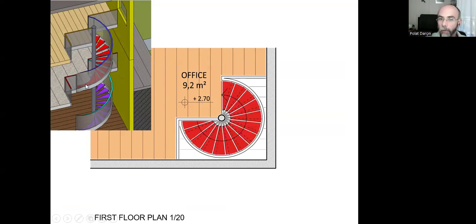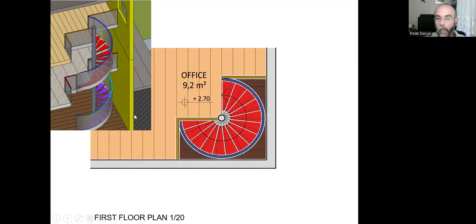The whole upper surface of the red steps, the dark blue handrail next to these red steps, and when they reach the first floor, they continue as brown handrails here and here so that the users don't fall down.